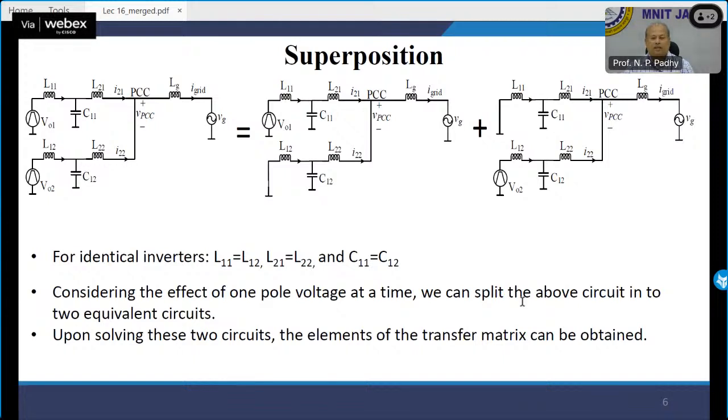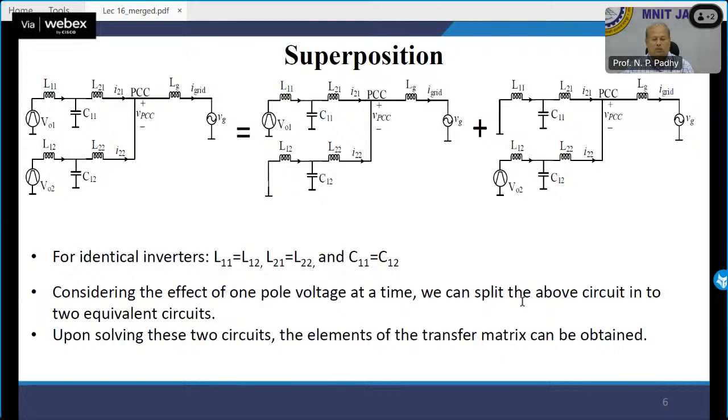So now what is happening? The first one I will solve, the second one I will solve, and find out the response, and I can have N number of superposition additions. For identical inverters, L11, L12, L21, L22 and C11, C12 are all equal. Considering the effect of one pole voltage at a time, we can split the above circuit into two equivalent circuits.